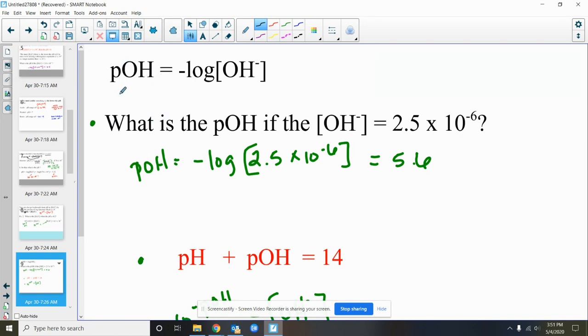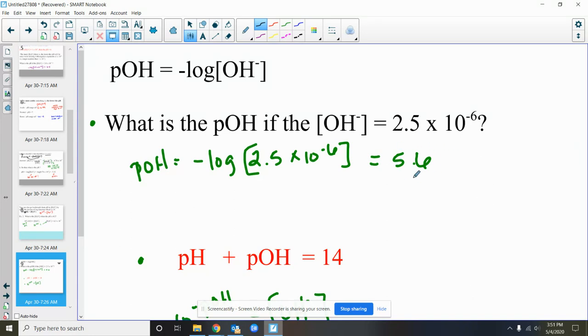So just like the pH value is the negative log of your hydronium, this is the pOH, which is the negative log of your hydroxide. So what is the pOH if your hydroxide content's 2.5 times 10 to the negative sixth? So you're going to plug in what you did for your other one here, and you're going to just plug in negative log, 2.5 times 10 to the negative sixth.